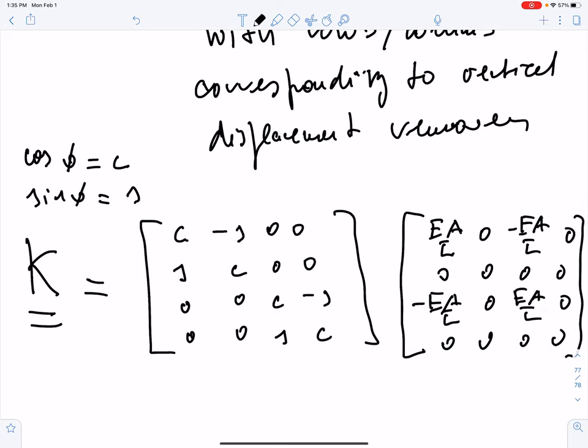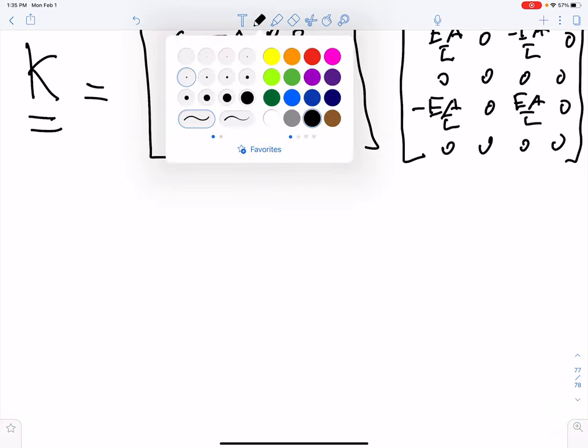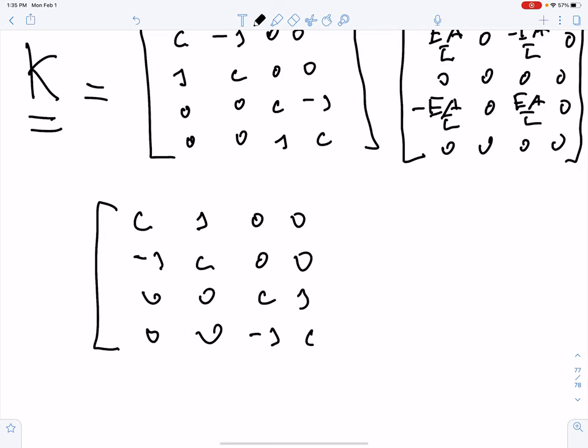Let me continue on the next line. And this will multiply a rotation matrix. It looks like this: C, S, 0, 0, minus S, C, 0, 0, 0, 0, C, S, 0, 0, minus S, C.